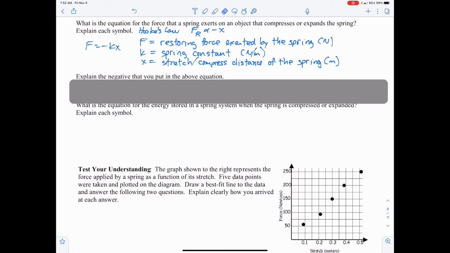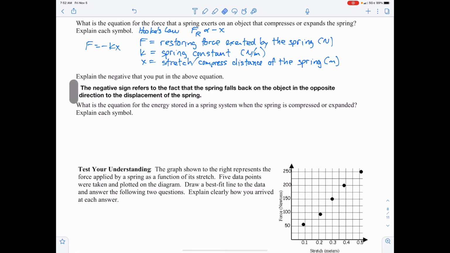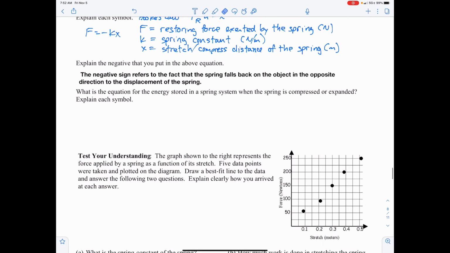Explain the negative that you put in the equation above. Well, again, the negative sign refers to the fact that the spring falls back on the object. The spring forces back. It pushes or pulls back on the object in the opposite direction to displacement.